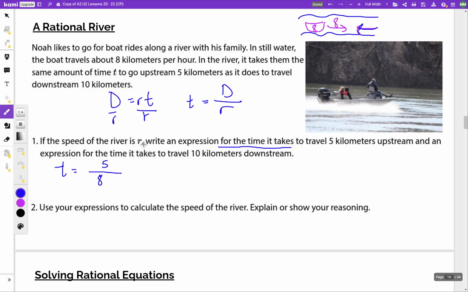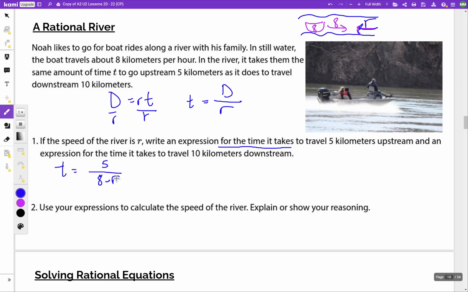Well, it tells us r. So let's use r. So what's the overall speed that's going to happen? Well, you're traveling forward 8, but the river is pushing on you by r. And when it's pushing on you by r, it's slowing you down, right? So we're going to do 8 minus r. And that's going to represent the first bit when we're traveling upstream.